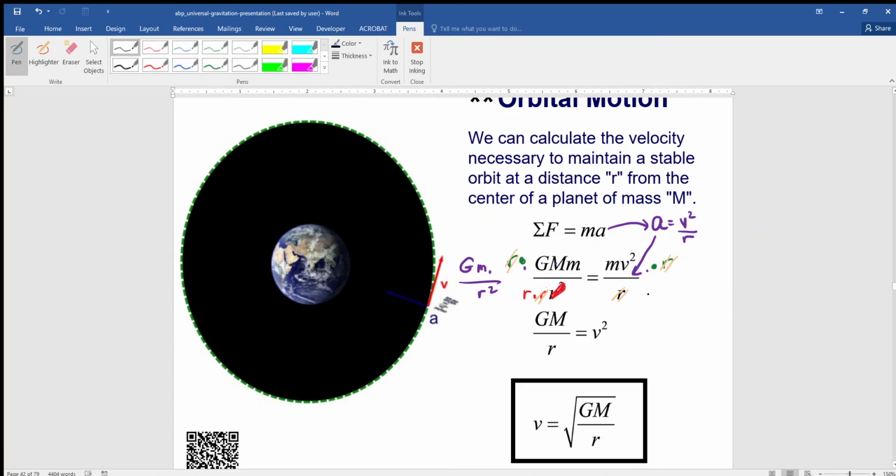I am then essentially left with g, a large mass, divided by an r equals m v squared. Now I can simplify my m's because in this case I want to take out an m on each side. And it's simply a reduction. So first I simplify my r's.